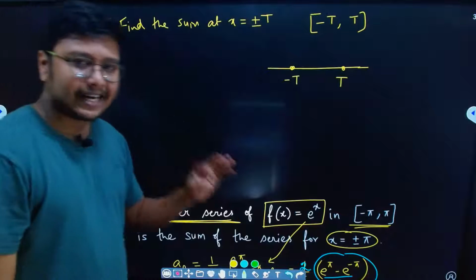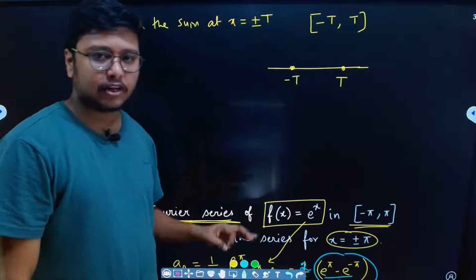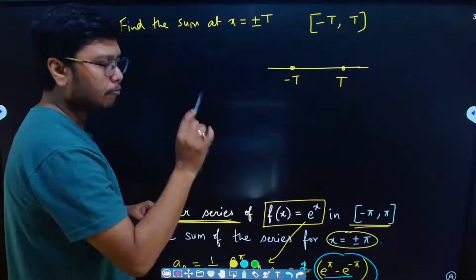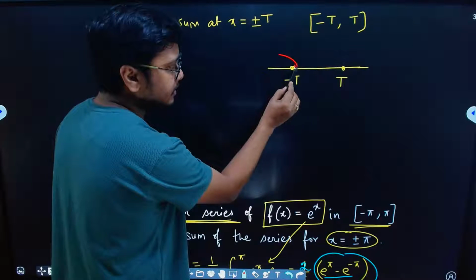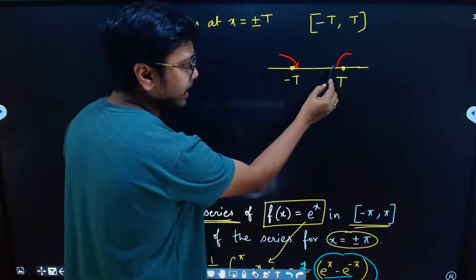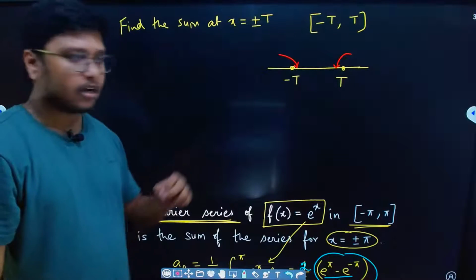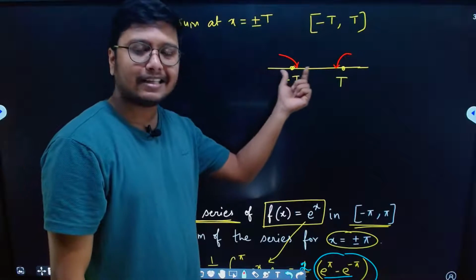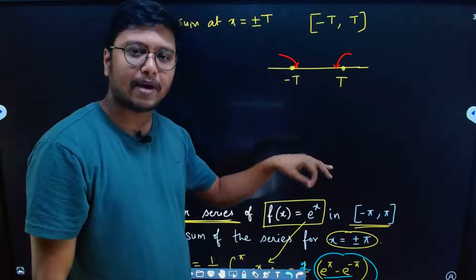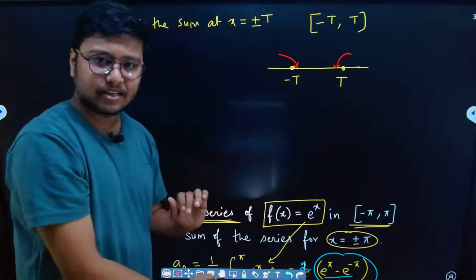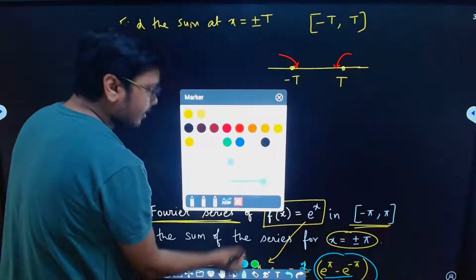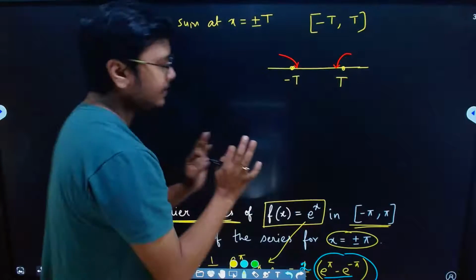We need to take the average of the value of the function just inside minus t and just inside t. That means the inside portion from both sides. I will take the average value.